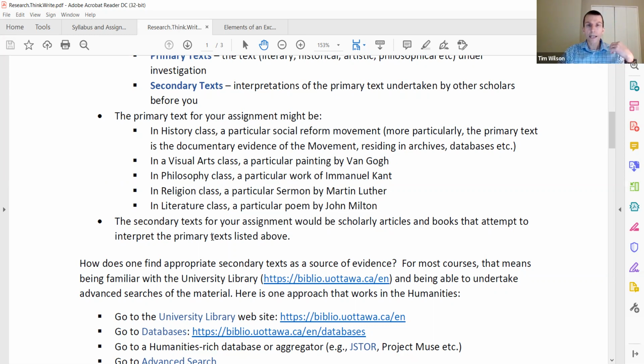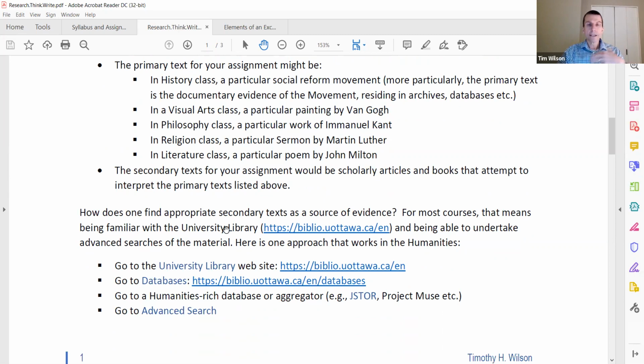In a visual arts class, the primary text may be a painting by Van Gogh, in a philosophy class, a work by Immanuel Kant, and so forth. And then, as I said, the secondary text would be, let's say, a book on Kant's Critique of Pure Reason that tries to relate it to other movements of the Enlightenment or what have you.